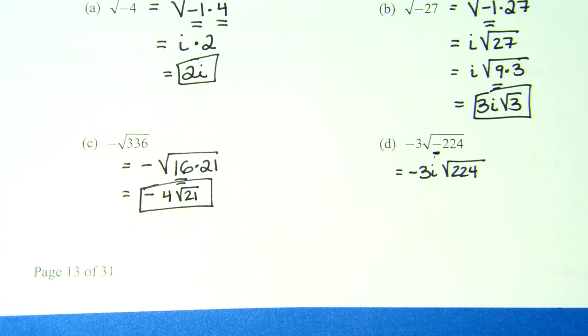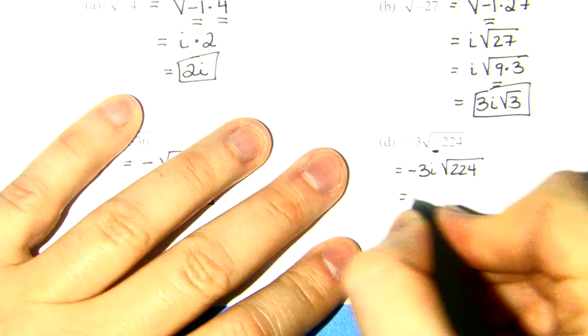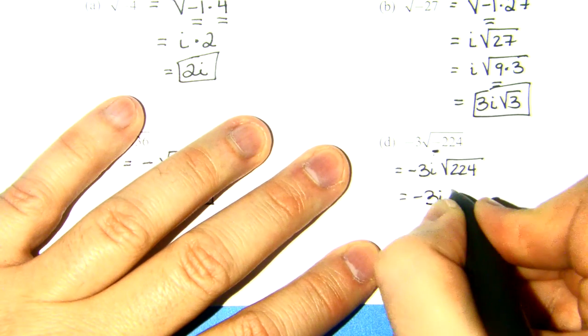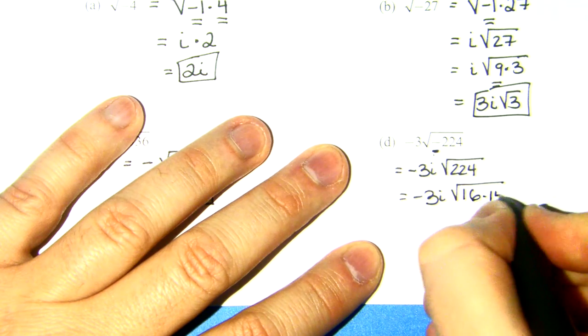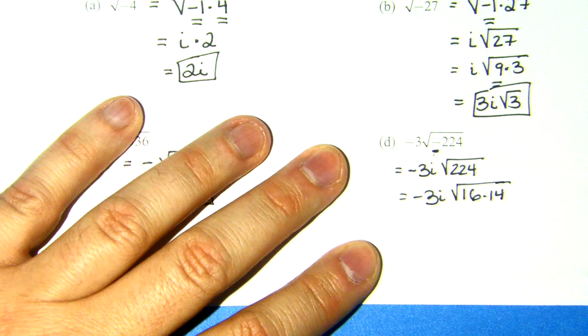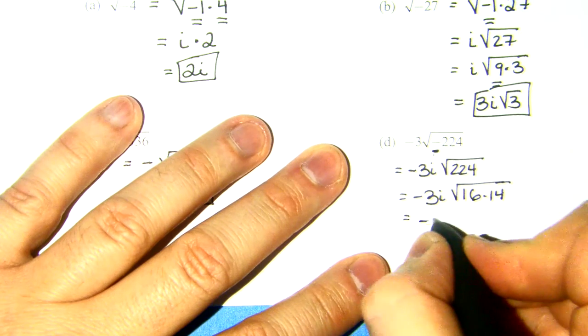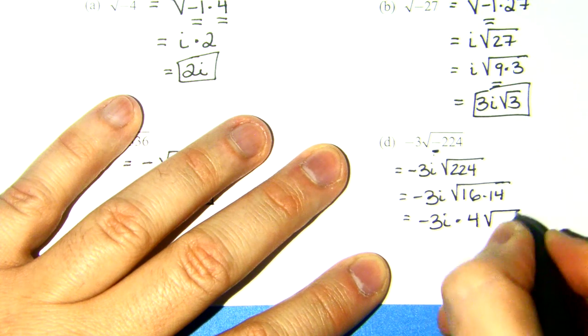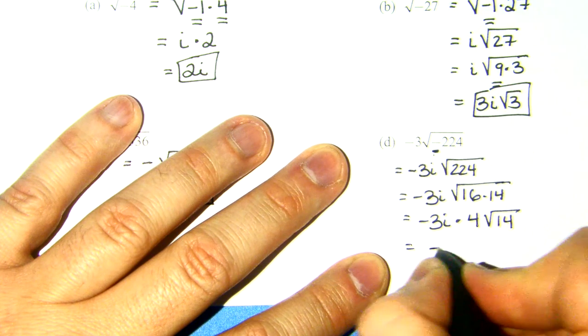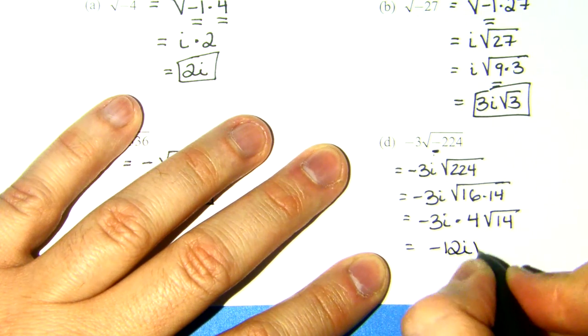See if you can keep going. I'm going to break 224 down into 16 times 14. Otherwise, you can do it, but I'll do it like that. The square root of 16 is 4, so I'll move a 4 out front. Negative 3i times 4 root 14. Negative 12i root 14.